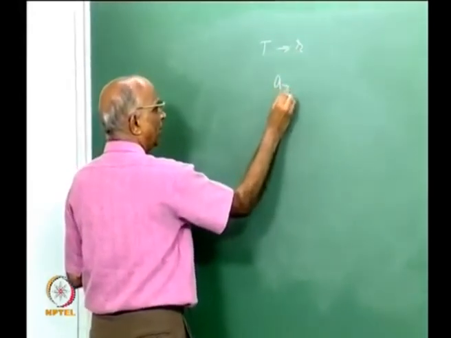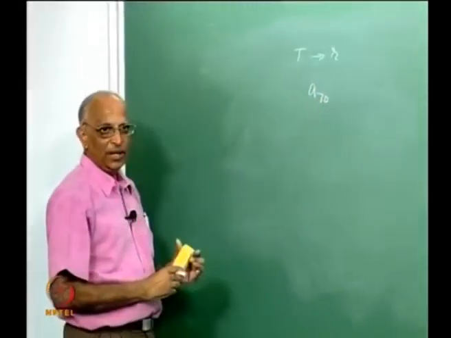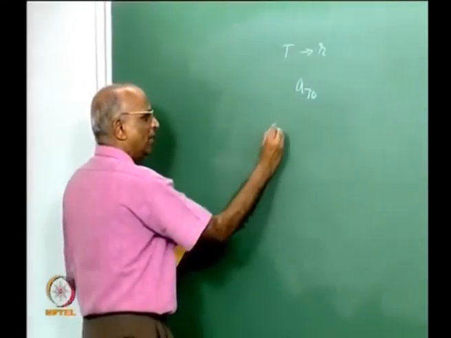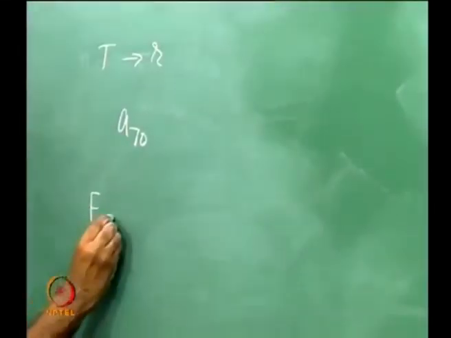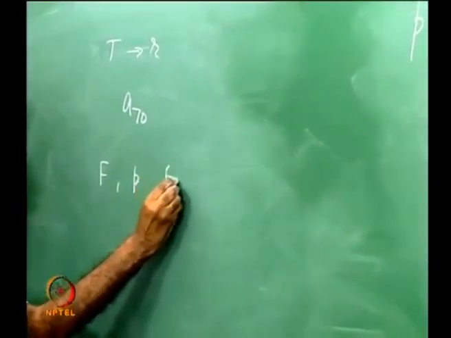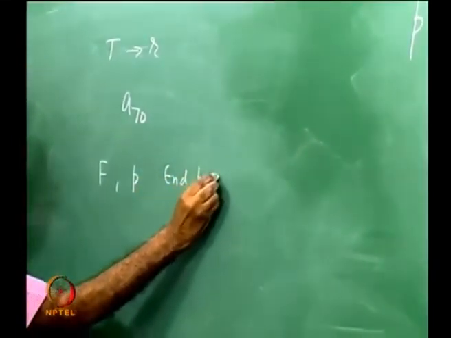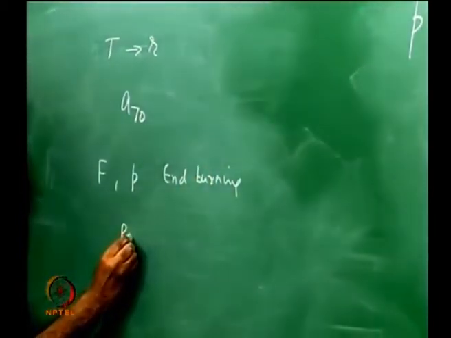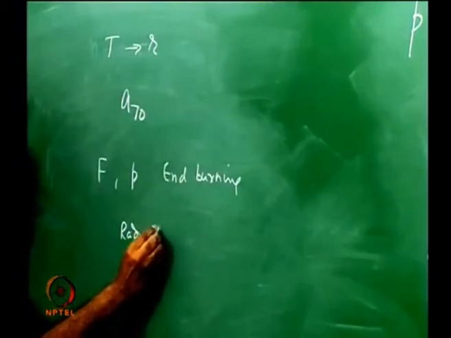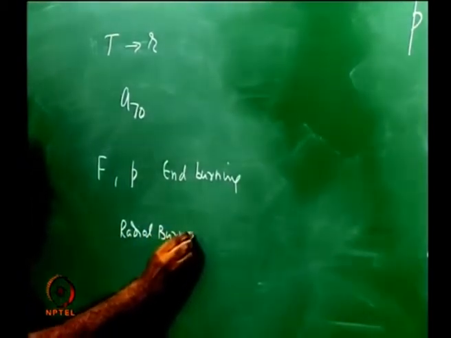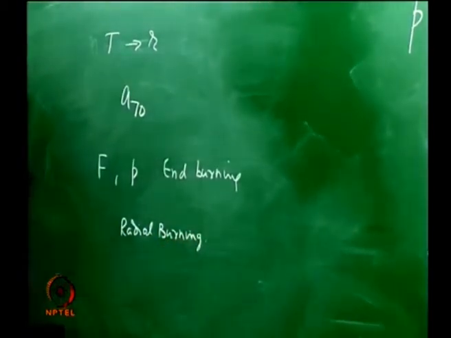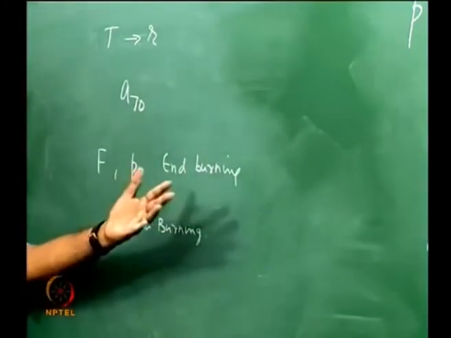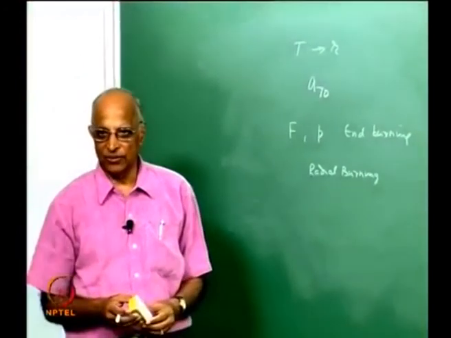We also defined the value of A as A70 at a reference pressure of 70 bar. Then we learned how to develop an equation for thrust and pressure for an end burning grain. We also did it for a radial burning grain, but we found that for a radial burning grain the pressure evolution had to be done in increments, while the burning time we could solve using this particular equation.